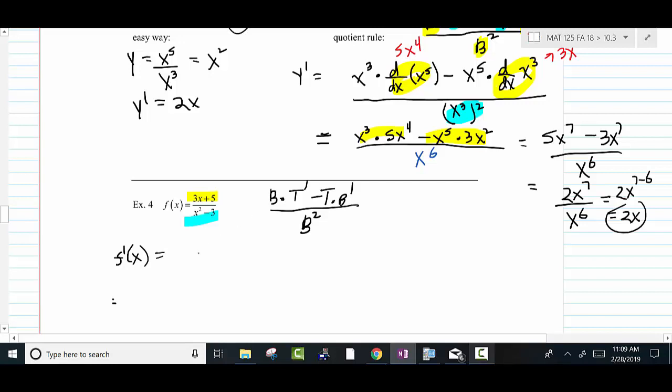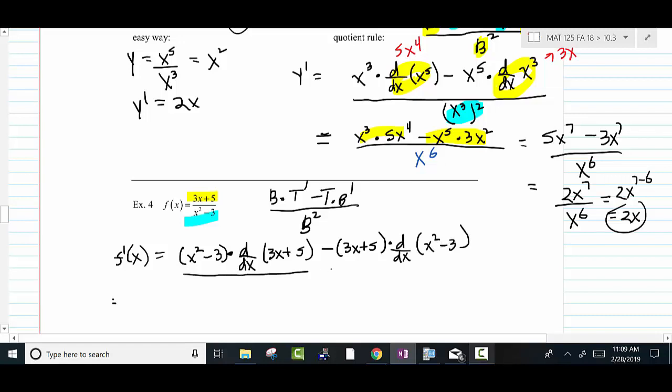So the bottom is going to be parentheses x squared minus 3. You're going to do the derivative of the top. I would like you to write it down as d/dx of 3x plus 5 before you do the derivative. Okay, then just kind of do it backwards. So now it would be the top, 3x plus 5, and then times the derivative of the bottom.